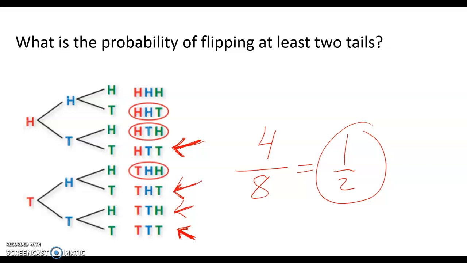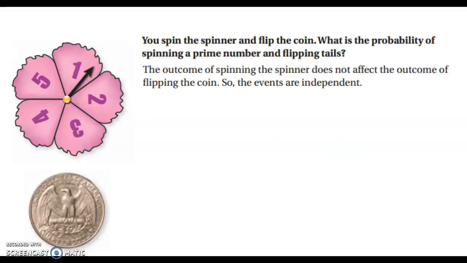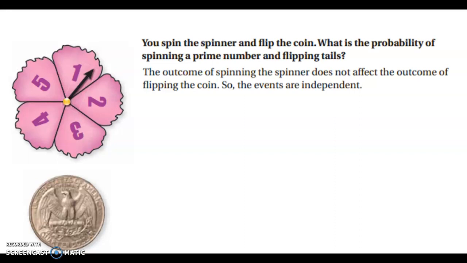All right, let's look at the next page. You spin the spinner and flip the coin. What is the probability of spinning a prime number and flipping a tails? So you're looking for prime numbers. For the prime numbers on the spinner, 1 is not prime. 2 is prime. 3 is prime. 4 is not. 5 is prime.